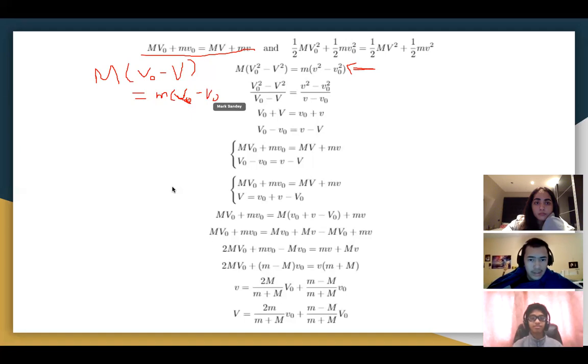We can then divide these and get these two equations: big V naught plus big V equals little v naught plus little v, and this is the same as big V naught minus little v naught is equal to little v minus big V.